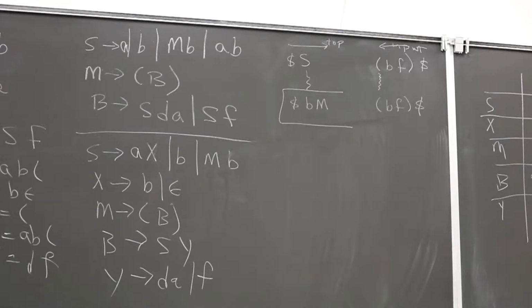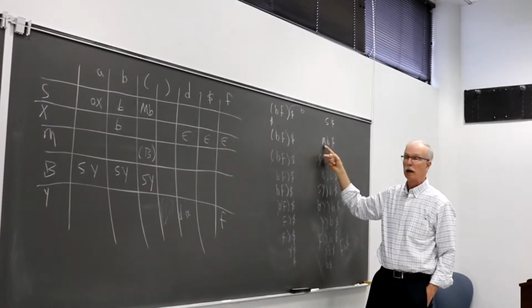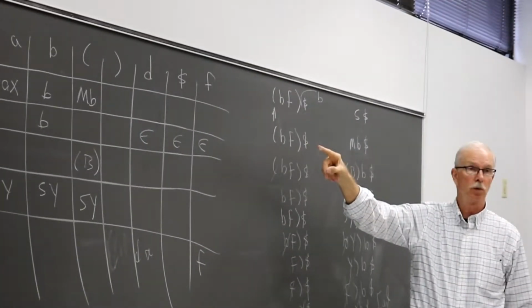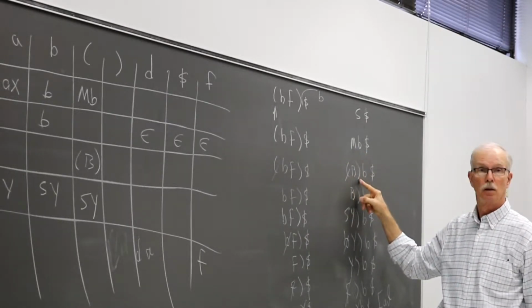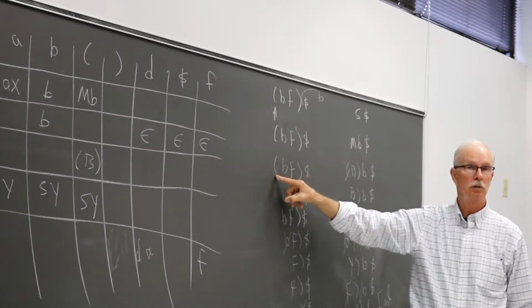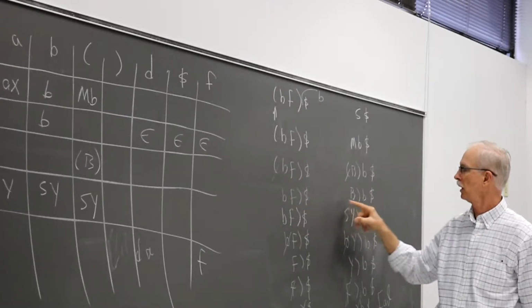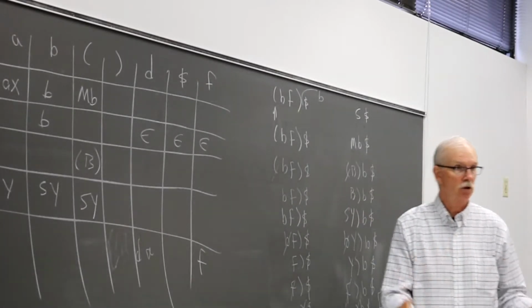S looks at the current token, checks out the table, does what it's told, S is replaced by MB. M looks at the current token, checks in the table to know what it's supposed to do. The table tells it to replace M by paren B paren. The parens then match. We accept this token in essence. So now we have B, so B looks at B. That's its operation.